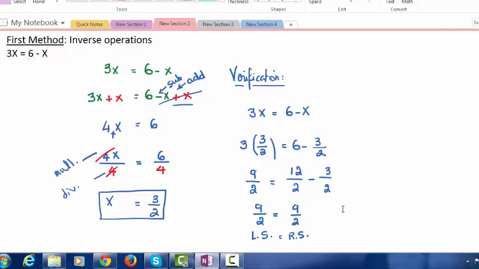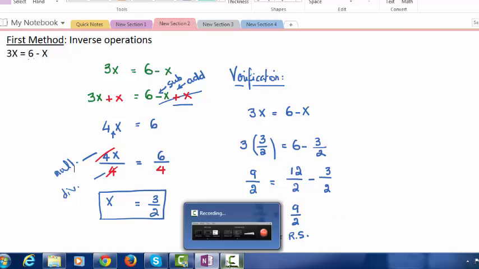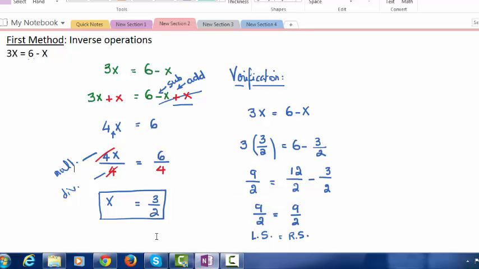Now, what can we learn from the inverse operation? I need you to focus on the left side with the inverse operation. What can we learn from the inverse operation? What can we create to make it shorter and faster?